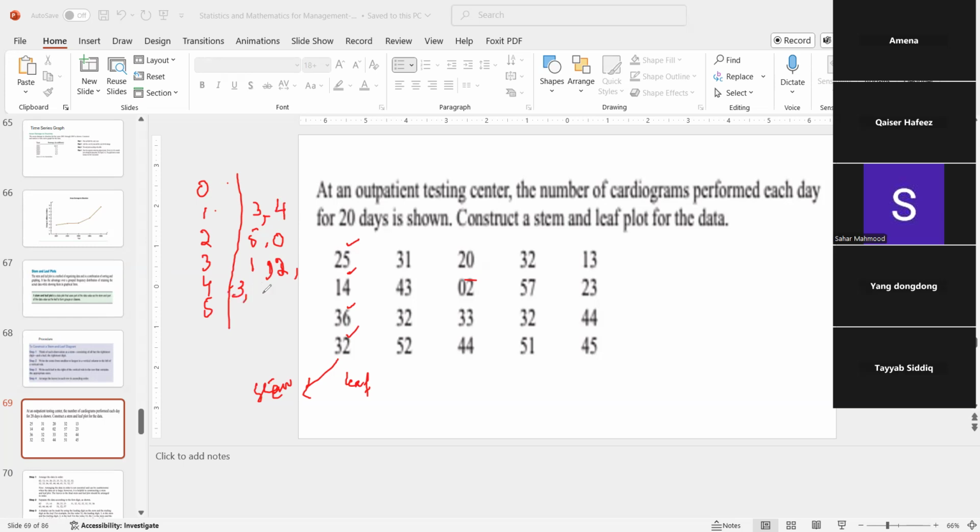Then we have 2. Then we have 57, 23, 36, 32, then 33, then 32, then 44, then 32 again. Then we have 52, 44, 51, and 45.